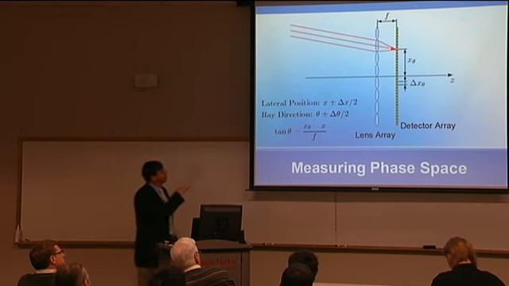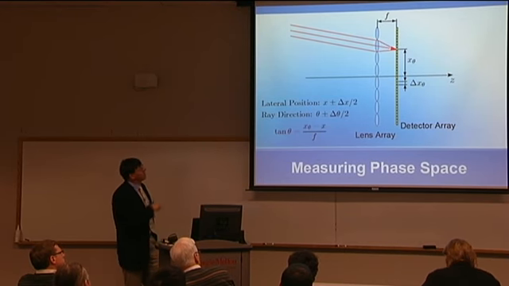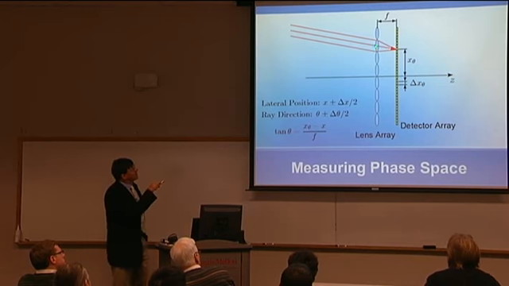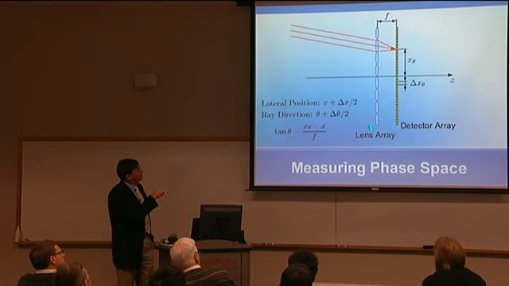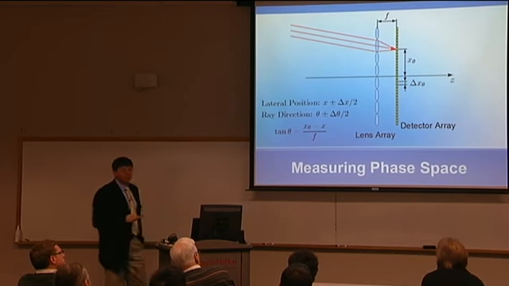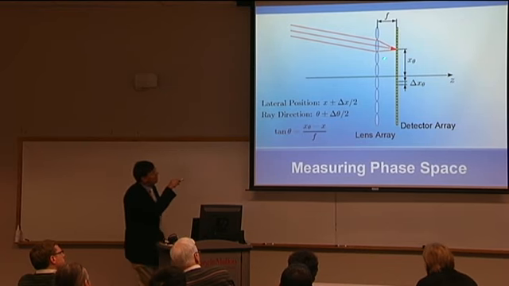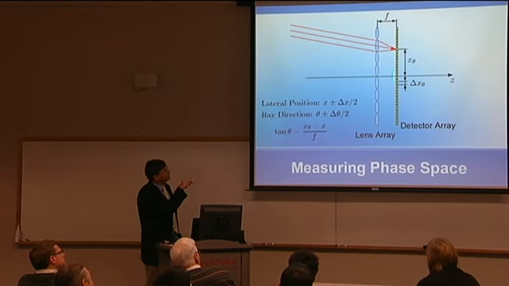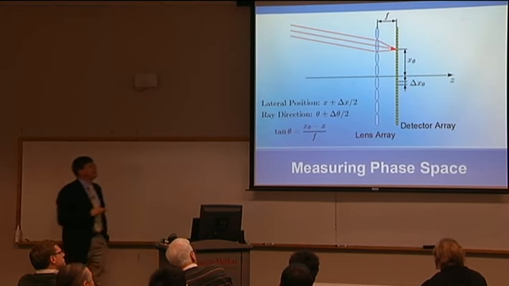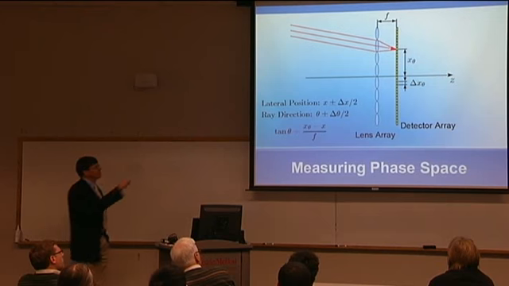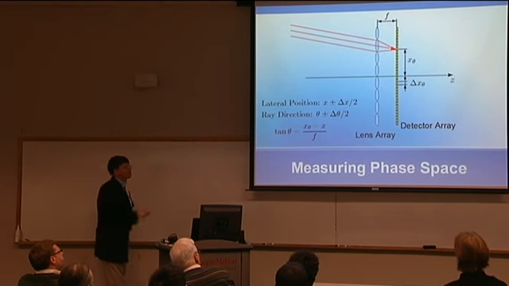Well, we replace each of the detectors with a micro lens. Again, the micro lens is telling us the lateral position. But now when we move to the focal plane of this, the location of where the ray hits the detector is now encoding the propagation direction.